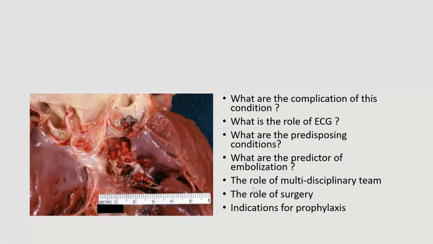And we said that surgery basically is indicated if the patient has heart failure. So if the patient develops heart failure as a consequence of infective endocarditis because it destroys the valve, I think this is indication for emergency surgery, okay, or urgent surgery.